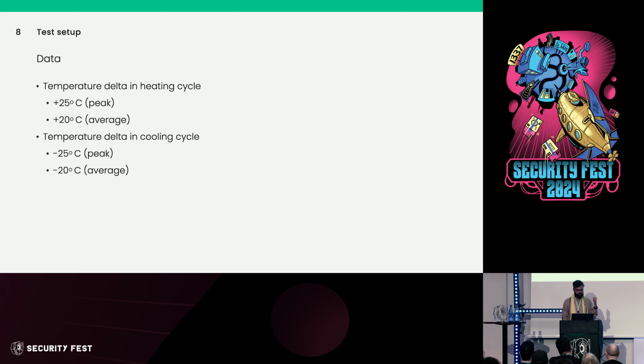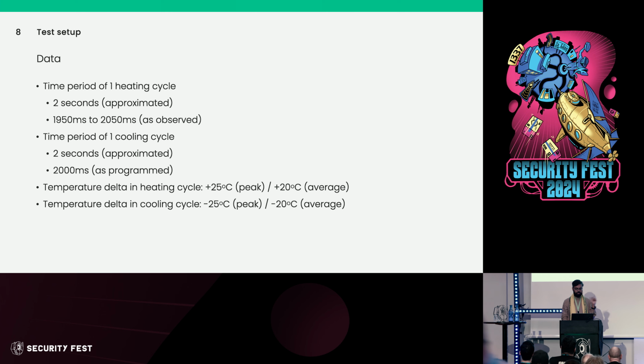This is the peak and average temperature deltas. Peak, the maximum, is 25 degrees up. Average is roughly 20 degrees up, and the same goes for the cooling period. Now, if you repeat this whole thing, there is no guarantee that you get exactly these values. This is only to serve as a rough reference guide.